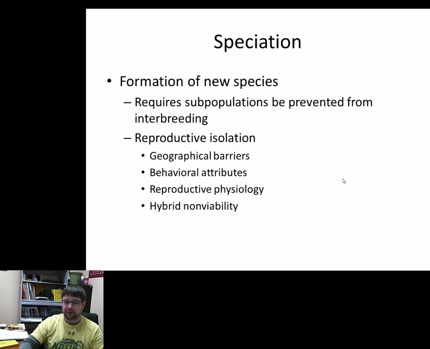Behavior attributes. This could be different dances, different singing capabilities, different fighting, all kinds of behavioral attributes that can separate populations. A great example that's occurring today is house sparrows in Europe. The ones in urban environments sing at a different frequency and amplitude than the ones in rural environments.